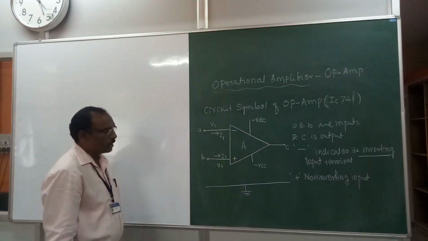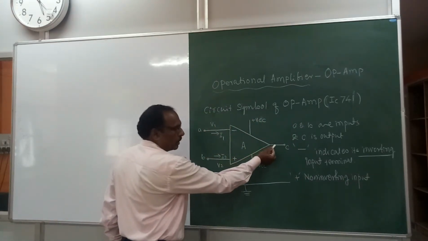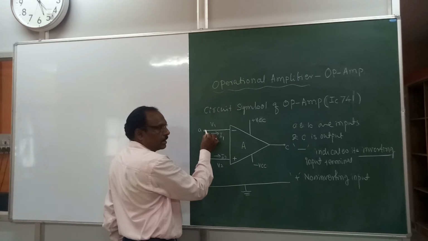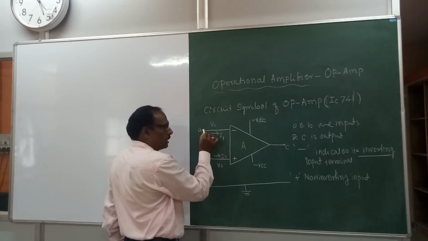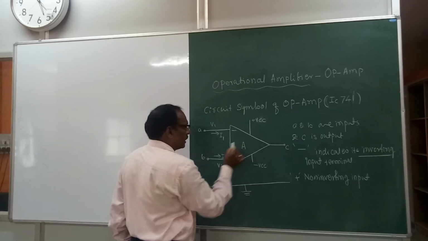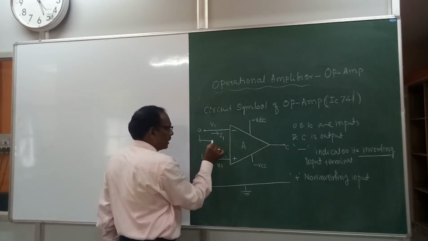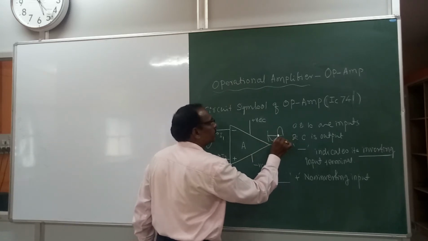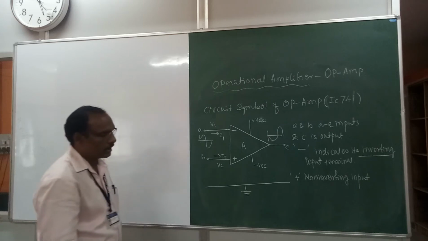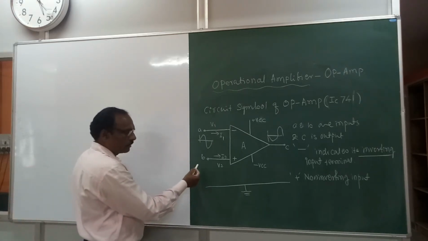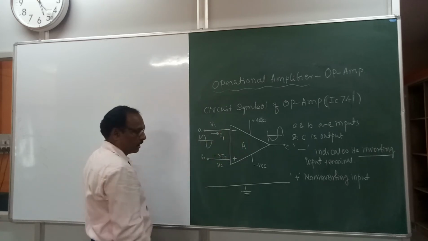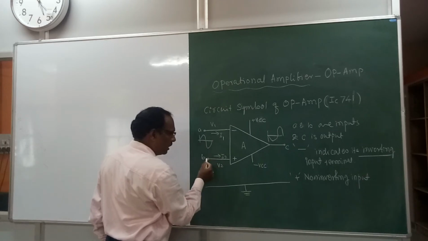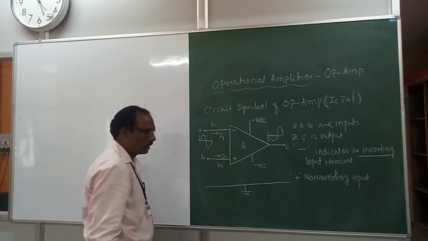What do you mean by inverting input here? The output is out of phase with the input by 180 degrees, or the phase difference between input and output is 180 degrees. Say for example, here is the input, and the output at this point will be this. In case of the non-inverting terminal, there is no phase difference between input and output.